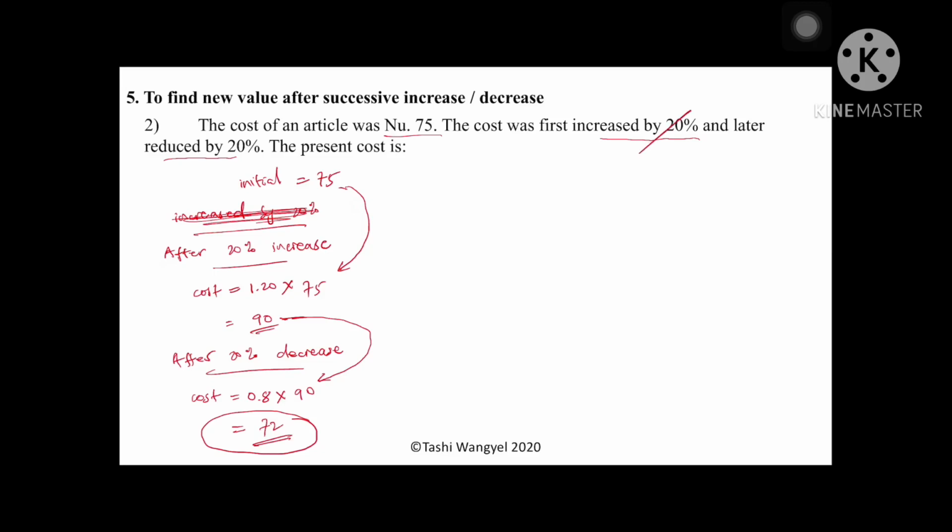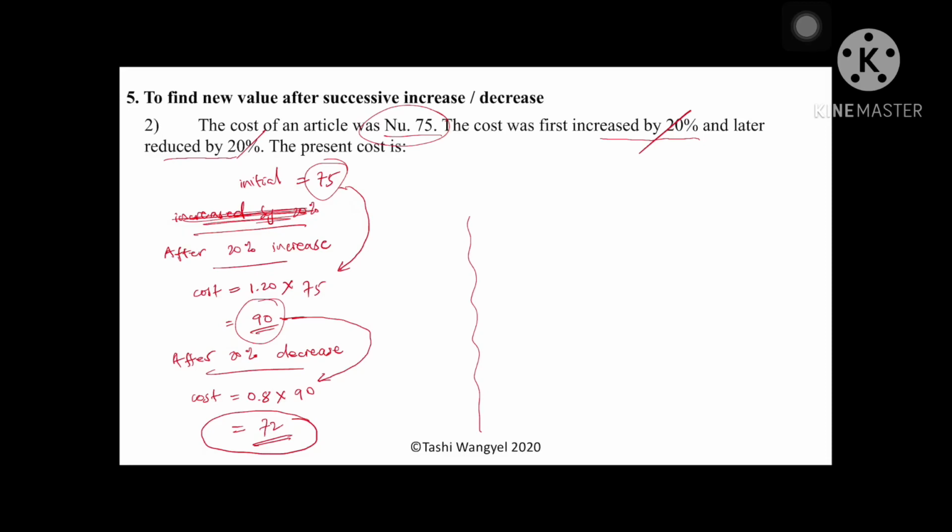Remember, the increase and decrease of 20% are not on the same initial amount: the increase is over 75 and the decrease is over 90, and the final answer is 72. Now the short way, as in the earlier example.